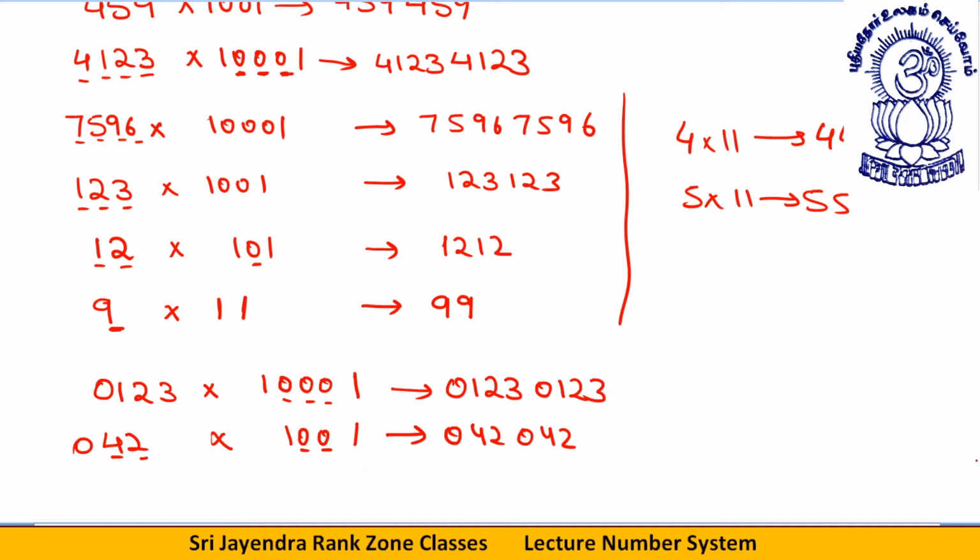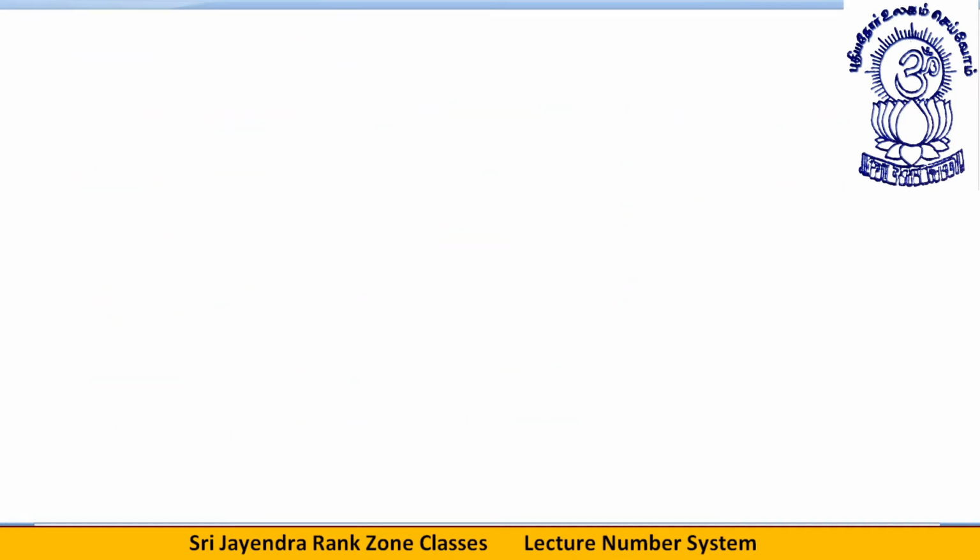So whenever you have a number with digits which are one less, suppose I say 47 into 1001. Here I'll add a 0. Now the product will be 047047. This is the main concept.